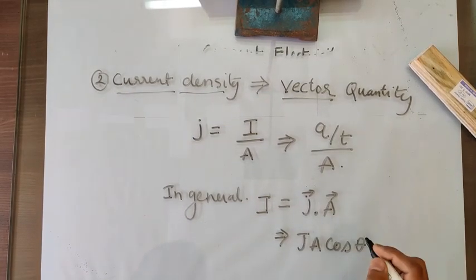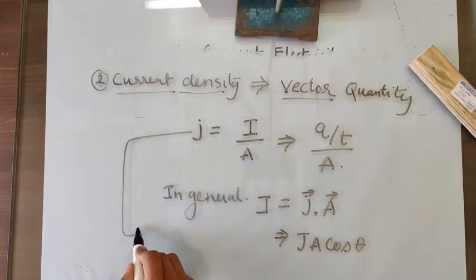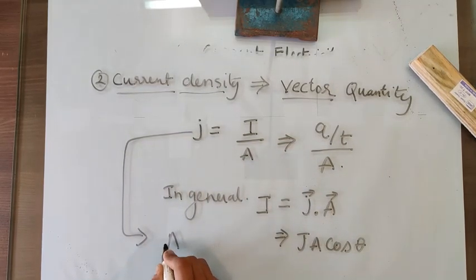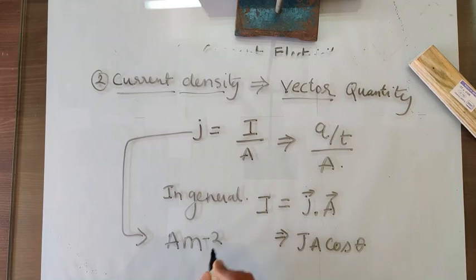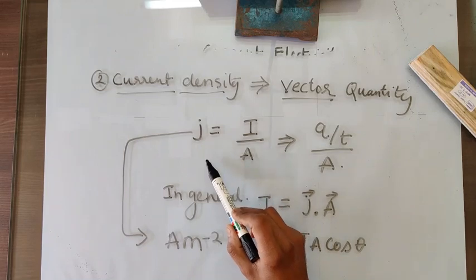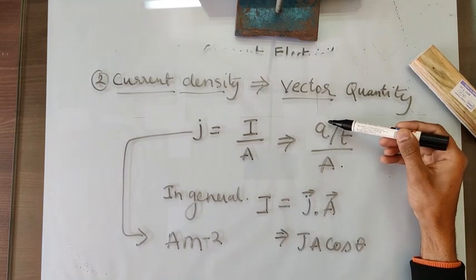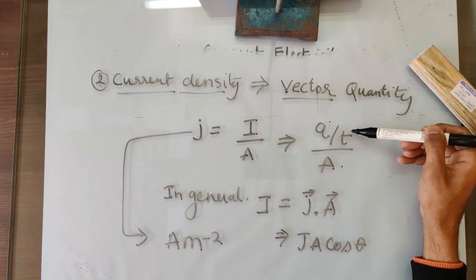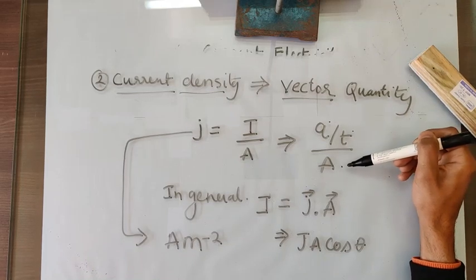The SI unit of current density is important: ampere per meter square. So again, what is current density? Current density is the amount of charge flow per second per unit area normal to the flow of charge.